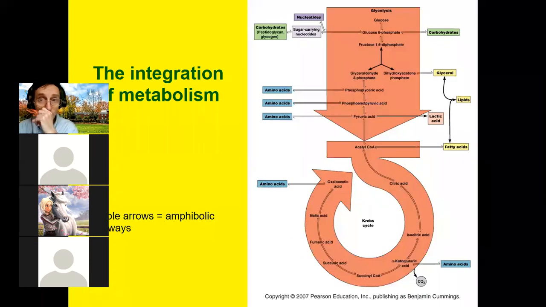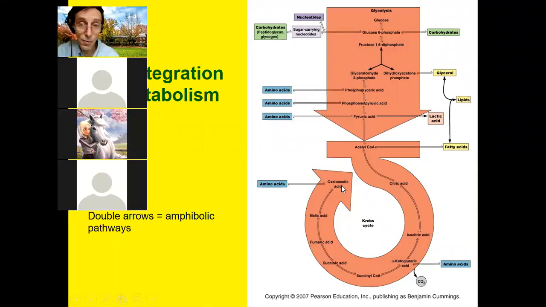The amphibolic pathways involved in the metabolism of molecules in aerobic respiration. Wherever you have two lines, you can have an amphibolic pathway, meaning it can go in the opposite direction.